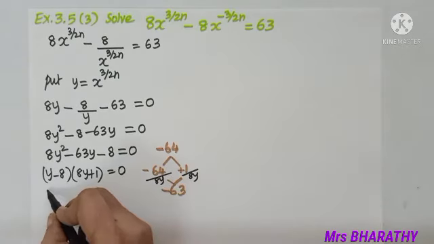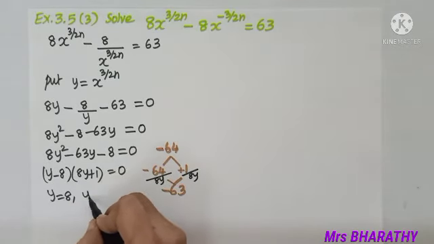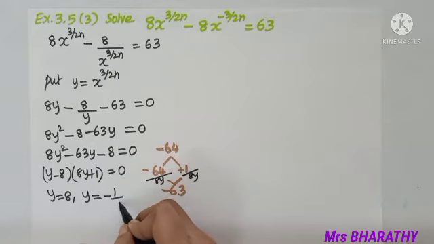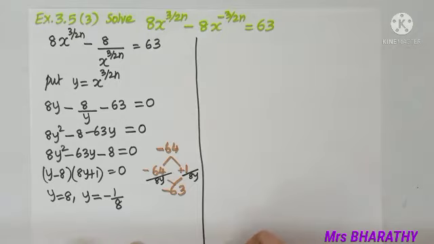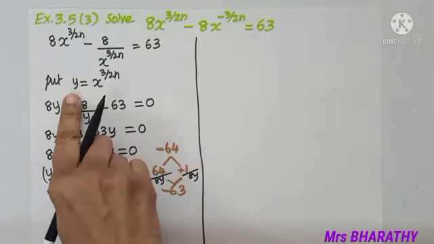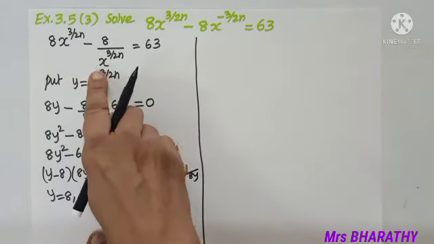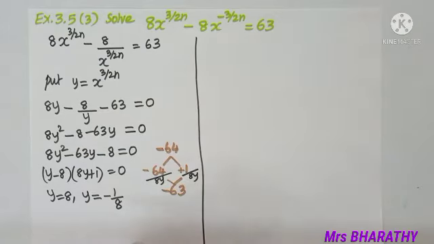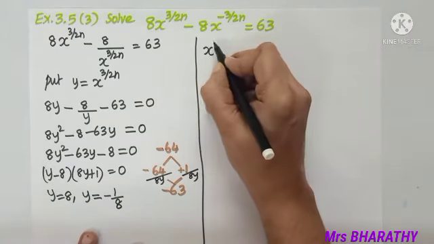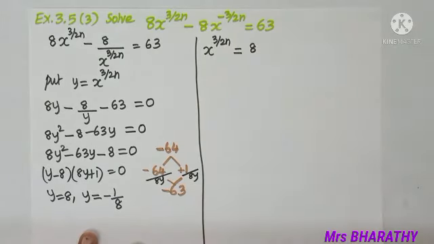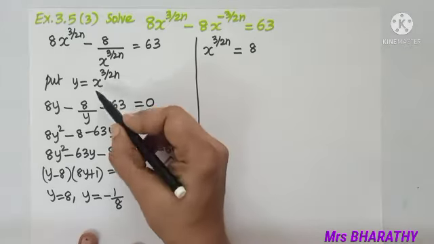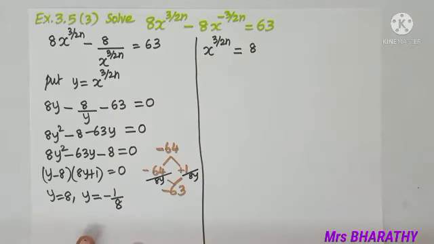Or we get y equals 8, y equals minus 1 by 8. Now what is the x term given in the question? Y equals x power 3 by 2n. So what is y here? 8. So I will put x power 3 by 2n equals 8.